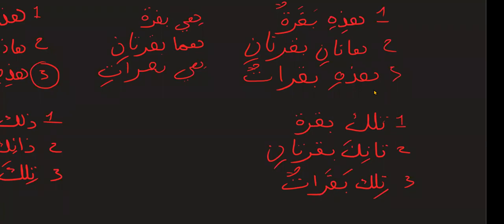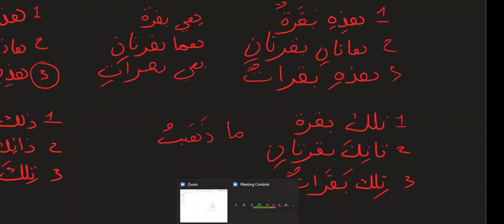What will I say for I don't go? أنا لا أذهب. I don't go. Or I didn't go? If you said ذهبت, that means I went. If you just said ما ذهبت, it just means I didn't go. Okay, ما ذهبت.